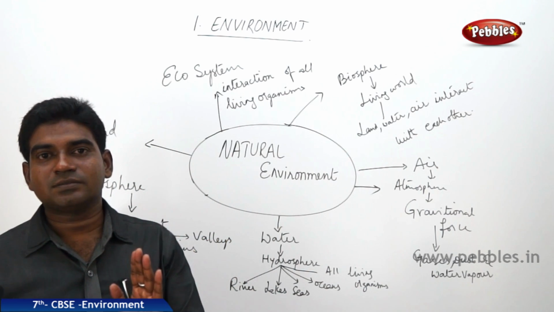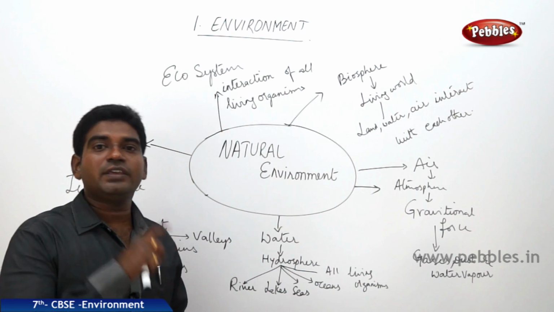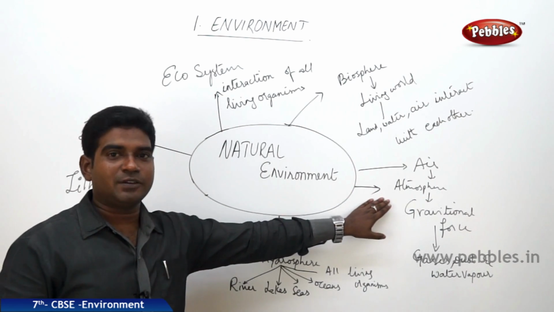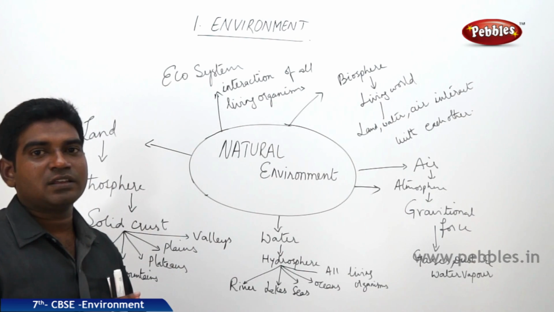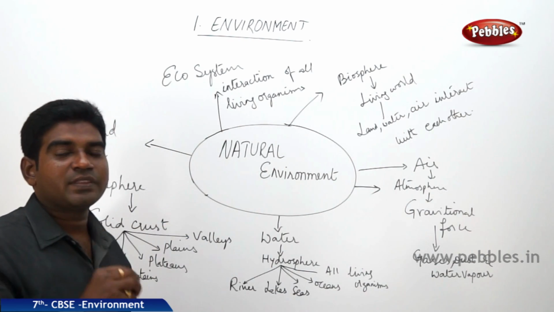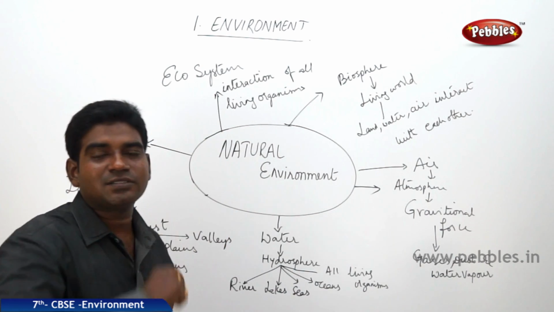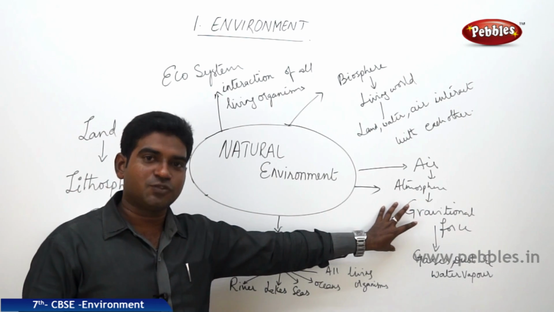So we breathe air. The air blanket present around the planet Earth is called atmosphere. The planet Earth is surrounded by a blanket of air which contains oxygen, nitrogen, and different kinds of gases. All these together we call atmosphere.